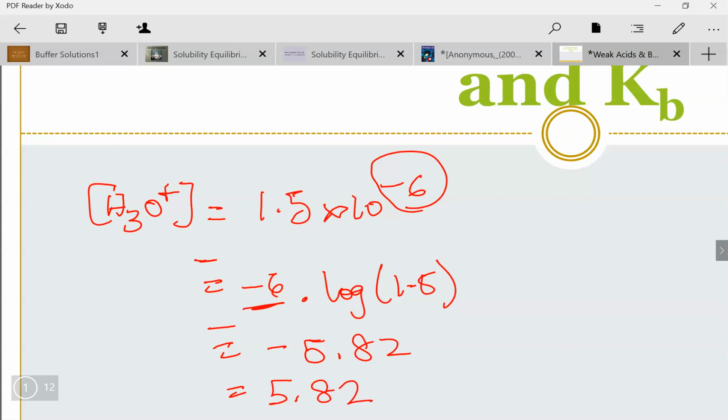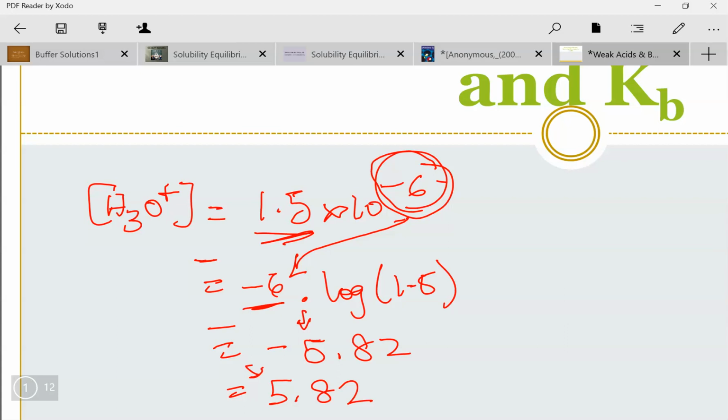But the important thing here is in terms of significant figures, right? So the number of significant figures here is 2. This 6 does not count. So when you calculate the pH, anything before the decimal place does not count towards your significant figures because it came from the exponent.